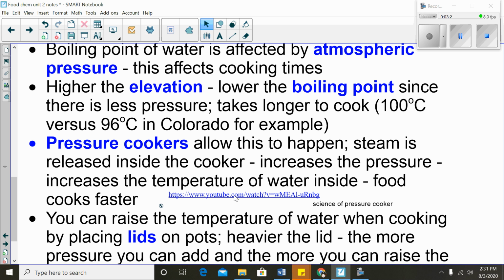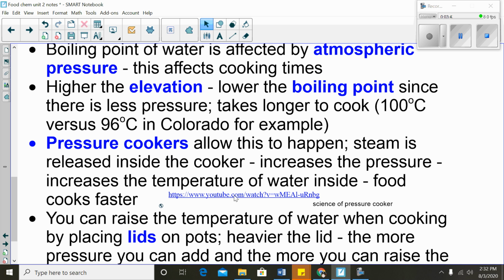Now, pressure cookers allow this to happen right in your own kitchen. So the steam is released inside the cooker, and this increases the pressure, which increases the temperature of water inside the food, and then your food cooks faster.